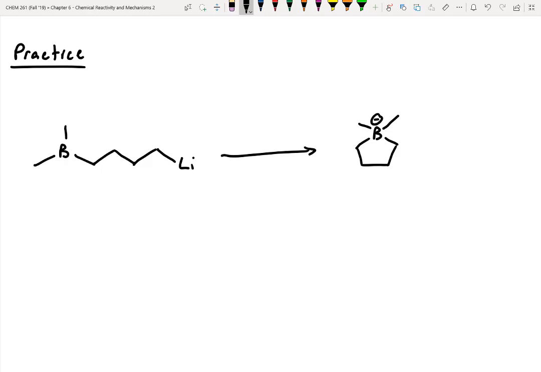Boron will have a negative charge, and we'll have lithium over here with a positive charge. Let's identify where the nucleophilic site and electrophilic site is. So where do you think the nucleophilic site is on our starting material? So the nucleophilic site must be our electron-rich carbon atom. So what do you think?